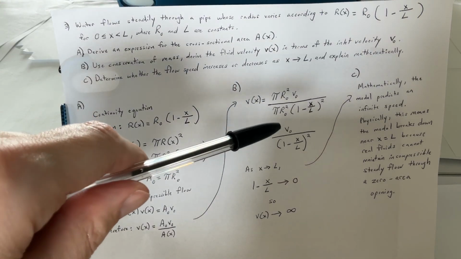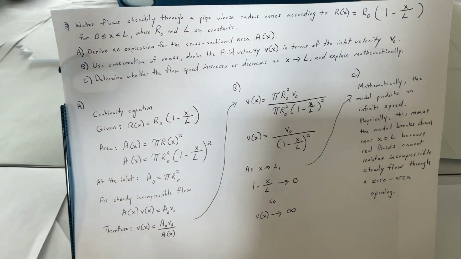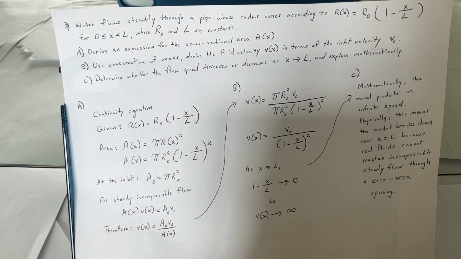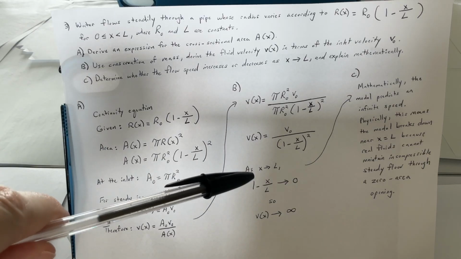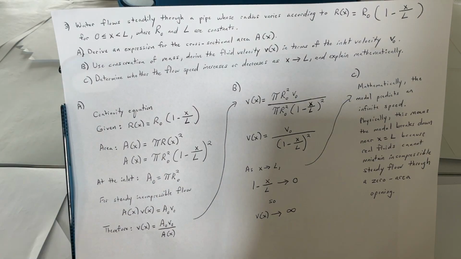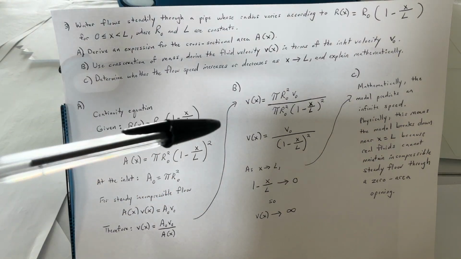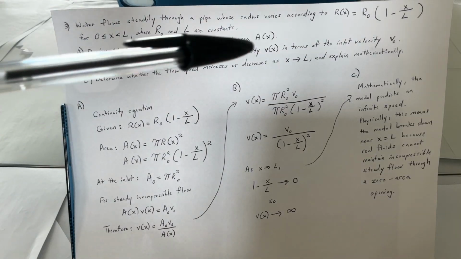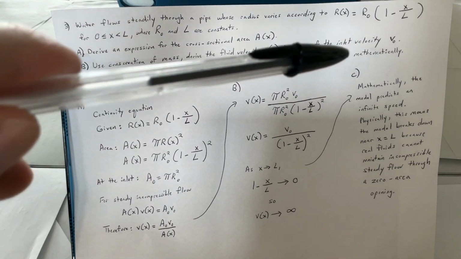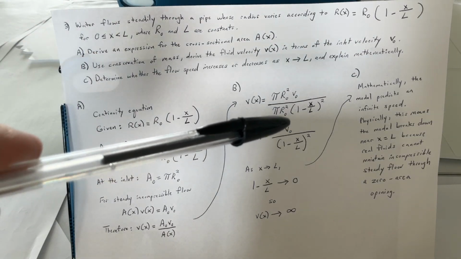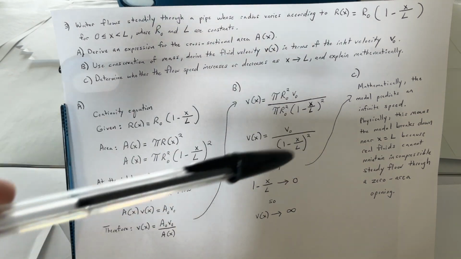Canceling out, v of x is v naught over the quantity 1 minus x over L squared. Okay, and now think in terms of limits and calculus. Before we go to part C, here is our v of x in terms of inlet velocity v naught. So we have it here.